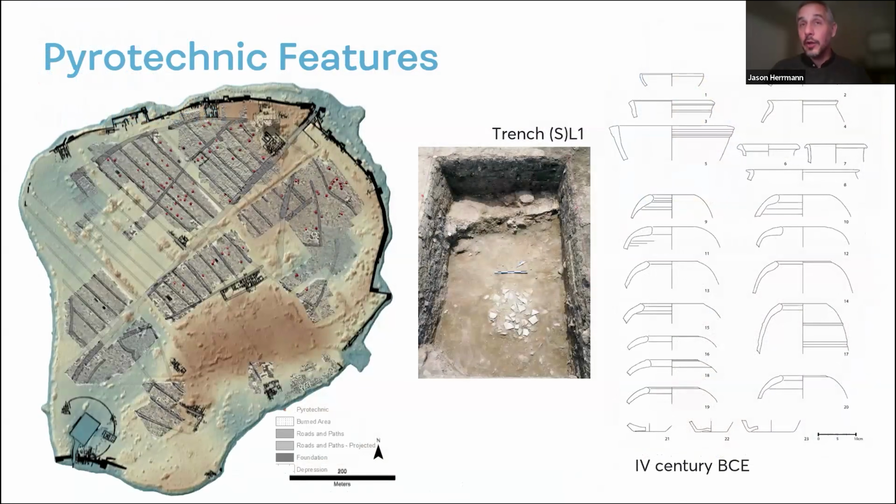We also investigated some of the pyrotechnic features, and this showed that some of the kilns that were established in the site actually were set by those people from modern-day Marsala, Lilibeo, after the siege of Motya, where they reused the city as sort of an industrial outpost rather than a place to live.